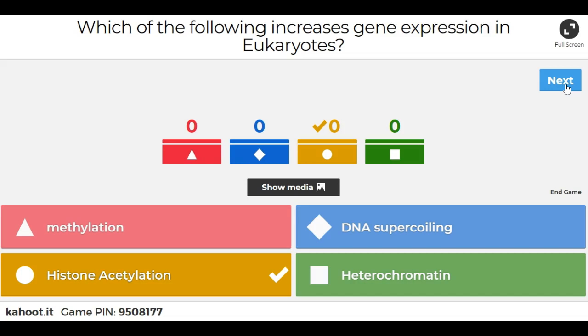Both methylation, which causes heterochromatin, remember that is DNA that is not read, it is not coding, and DNA supercoiling, which is that tightening up of the DNA, all of those things cause restrictions in gene expression. Only acetylation opens up the DNA to allow for transcription to occur.